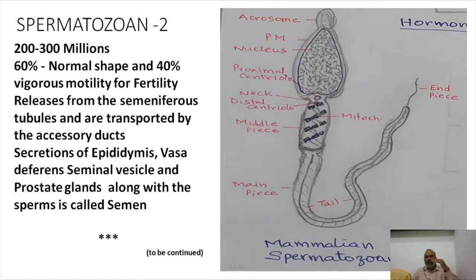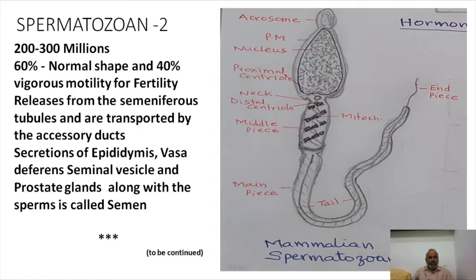A primary spermatocyte undergoes first meiosis to form secondary spermatocytes. A secondary spermatocyte undergoes second meiosis to form spermatids. Spermatids are converted into sperms by spermiogenesis, and the sperms are liberated into the tubules by a process called spermiation. Hope you have understood spermatogenesis.